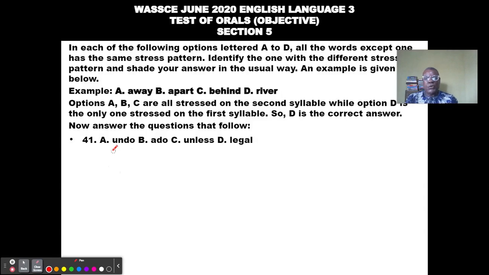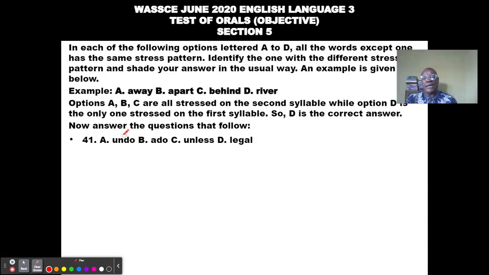A is undo, stress is on the second syllable. B is ado, stress is on the second syllable. C is unless, stress is on the second syllable. D is legal, stress is on the first syllable.